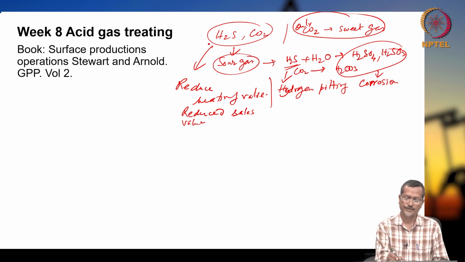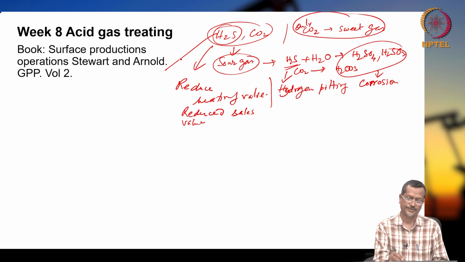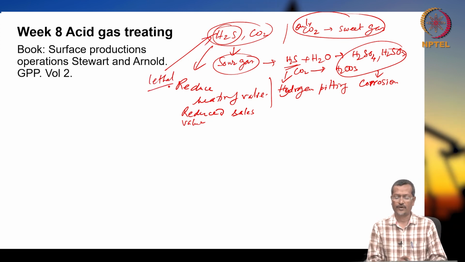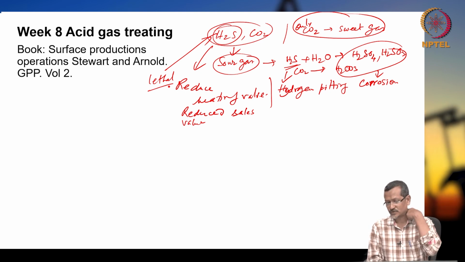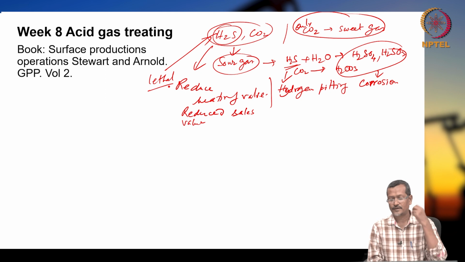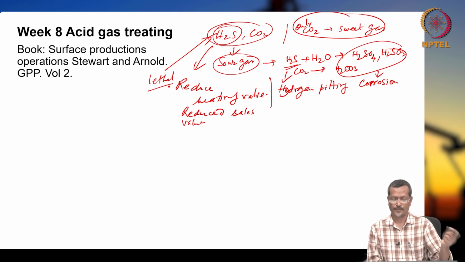And another thing is that H2S is lethal, it is very dangerous. If an oil and gas system has lots of H2S, it can be dangerous for human life, and it will reduce the life of your metallic parts.